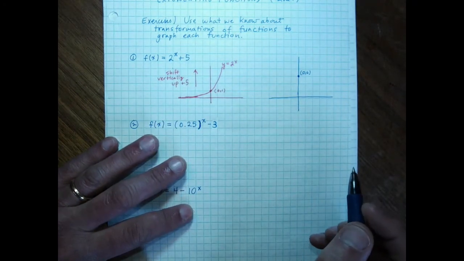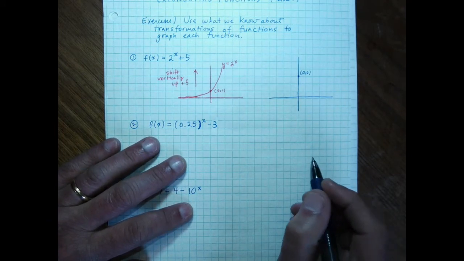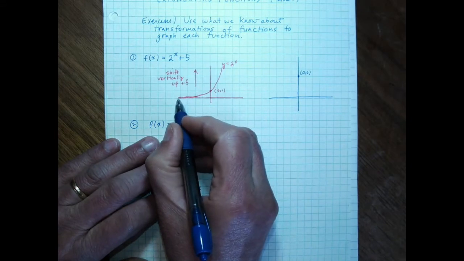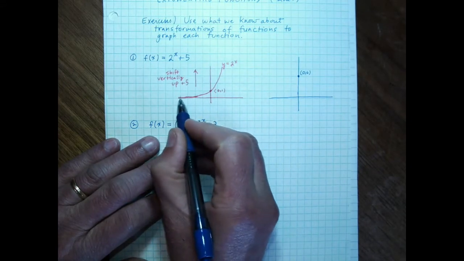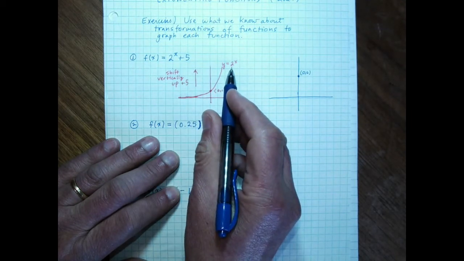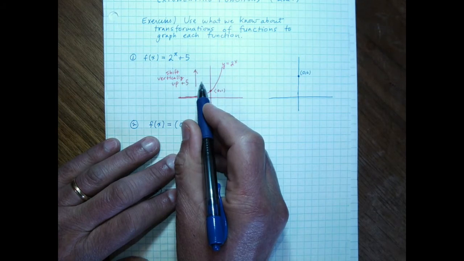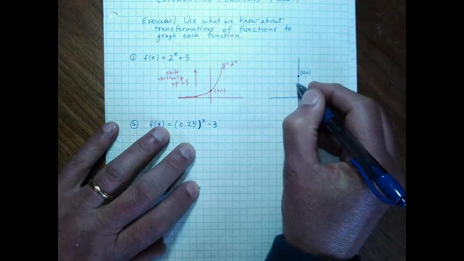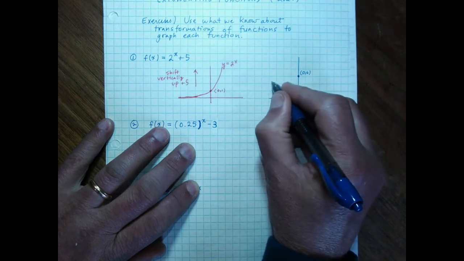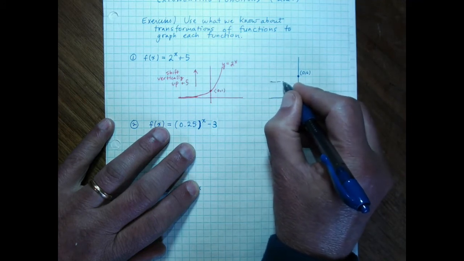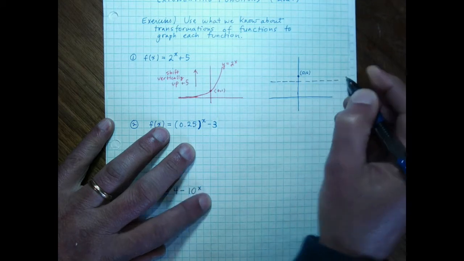But another aspect we have to just know is that the x-axis, which is the horizontal asymptote for y equals 2 to the x, is also going to be shifted up 5 units. So I have to draw a dotted line about here.